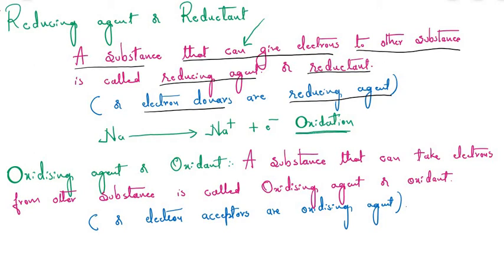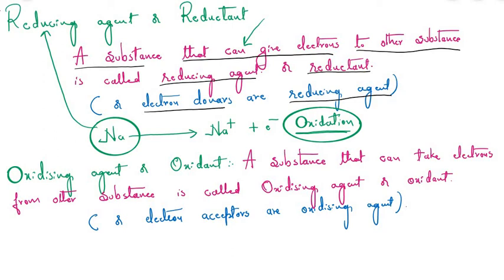But the substance undergoing oxidation is called the reducing agent. That we have to remember. Is it clear, students? A substance which is losing an electron, the process is called oxidation, and the substance is called the reducing agent.